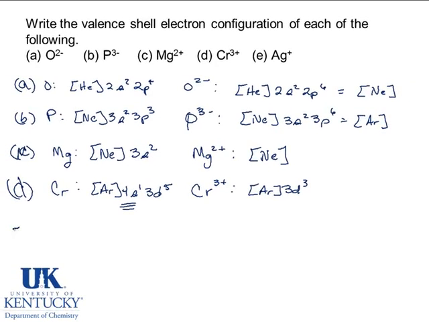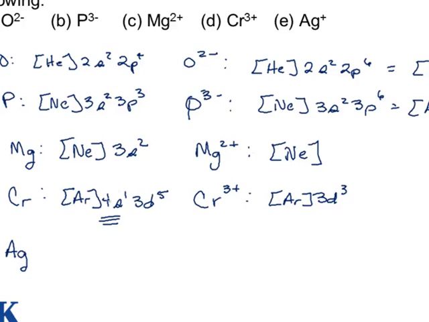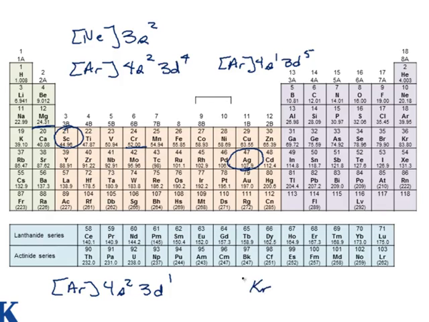And that is not the electron configuration of chromium with a 3+ charge. Last one is silver plus, so let's do silver first. Find silver on the periodic table, it's down here. So we find the noble gas that comes before it, it's krypton. So let's go ahead and write it down here. Krypton. Work our way over to silver. So this is 1, 2, 3, 4, 5. 5s2.